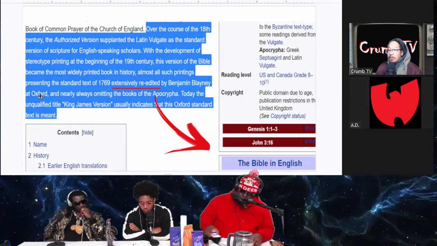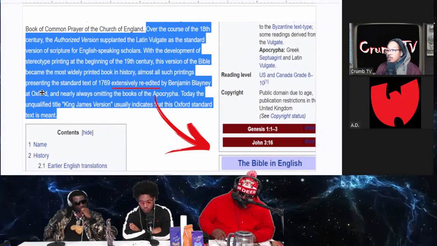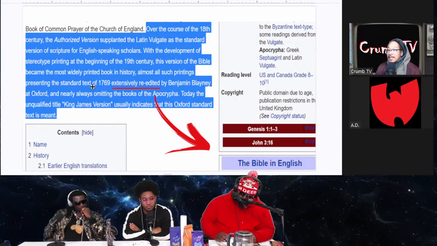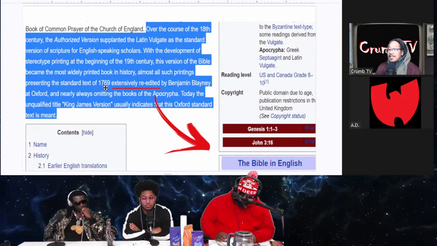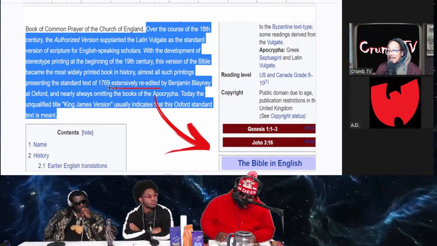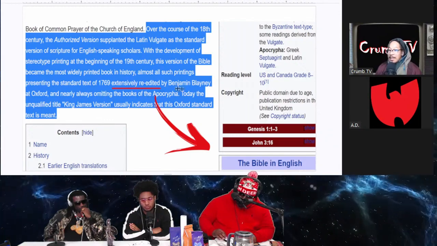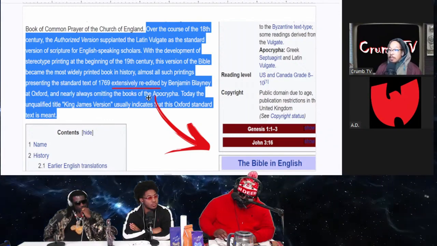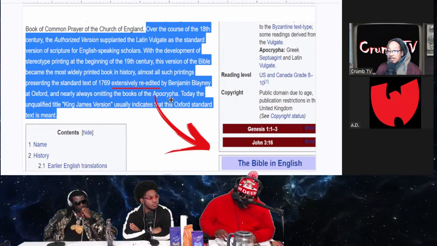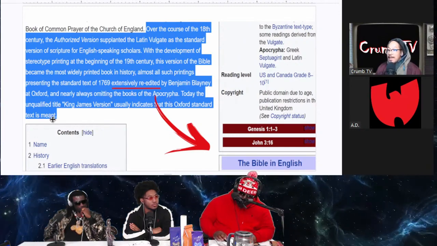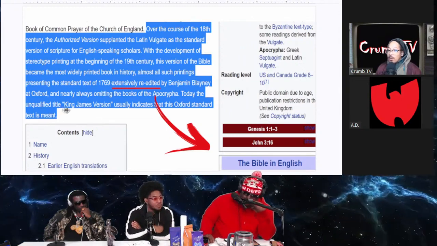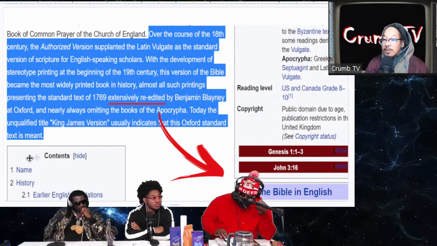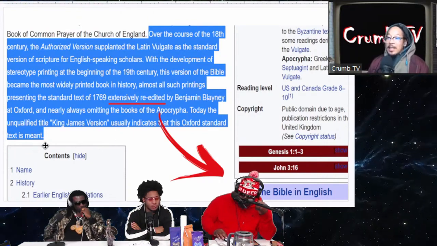Almost all such printings present the standard text of 1769, extensively re-edited by some dude at Oxford, and nearly always omitting the books of the Apocrypha. This is important. Today, the unqualified title, King James Version, usually indicates that this Oxford standard text is meant.